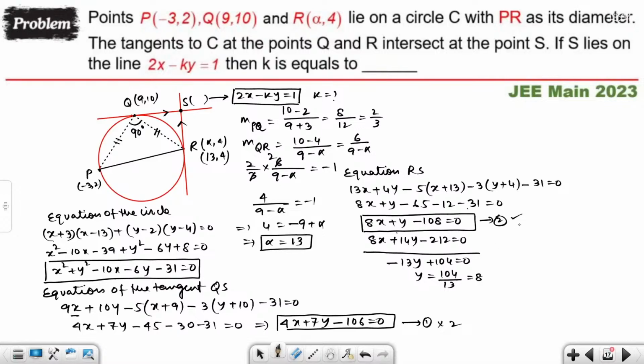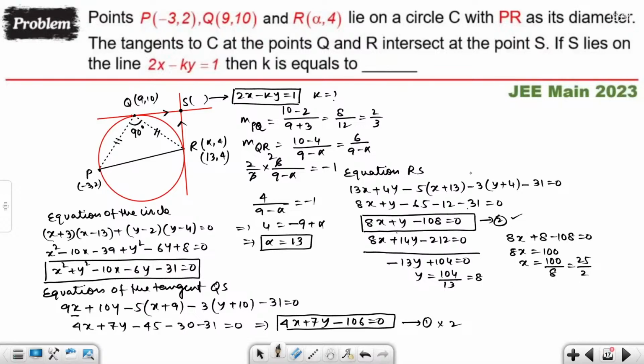So what about your x from this second equation? 8x plus 8 minus 108 equals to 0 implies 8x is 100. So x is coming to 100 over 8, so 25 over 2. Is it clear?